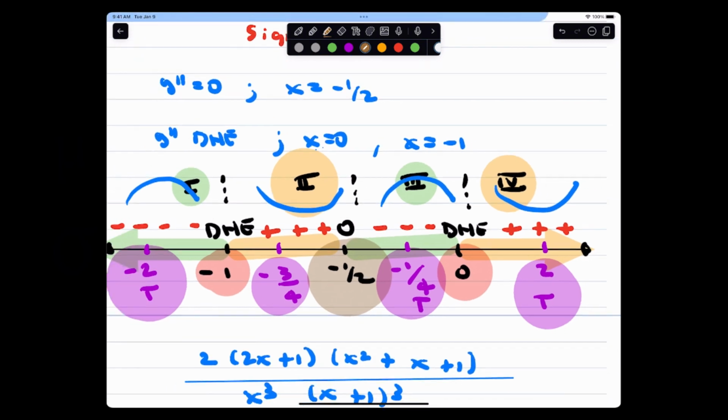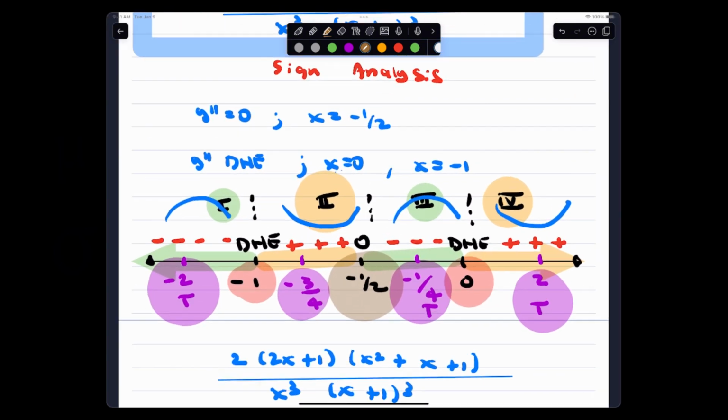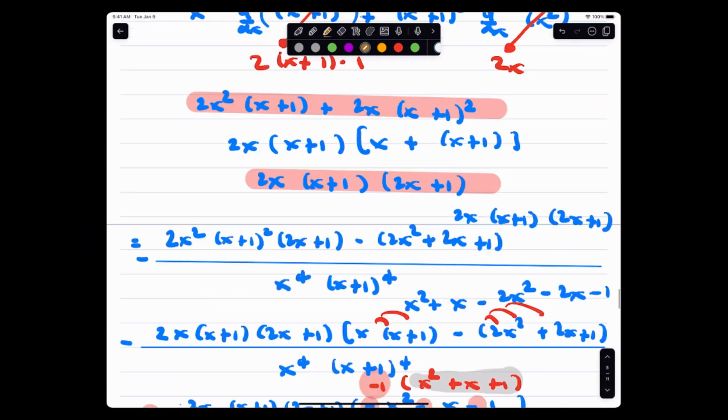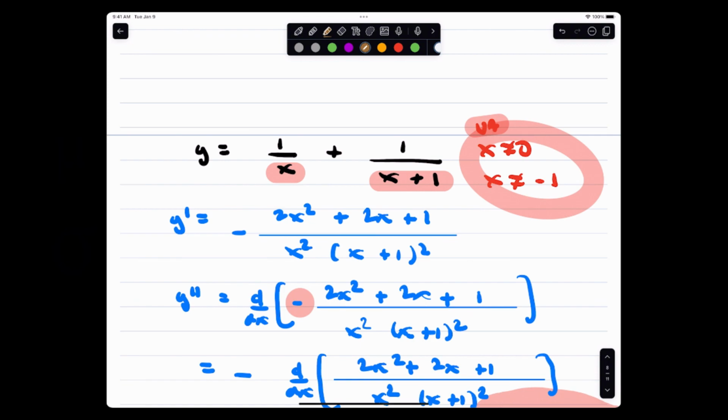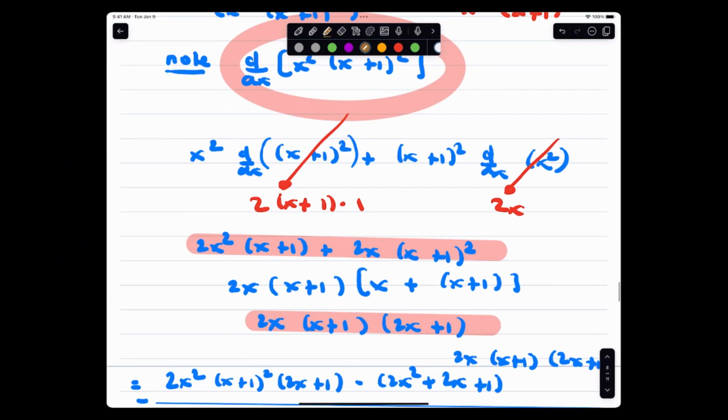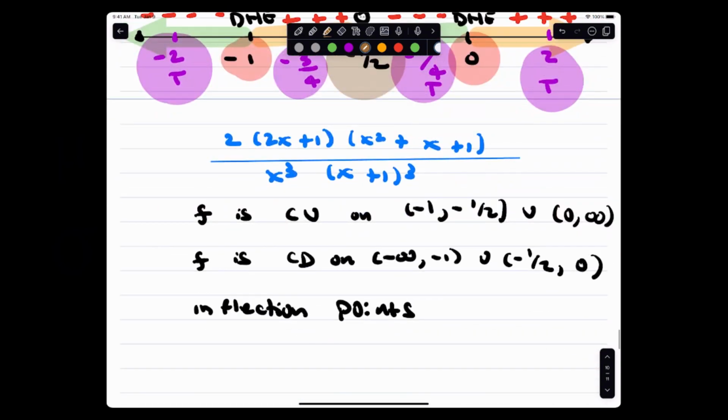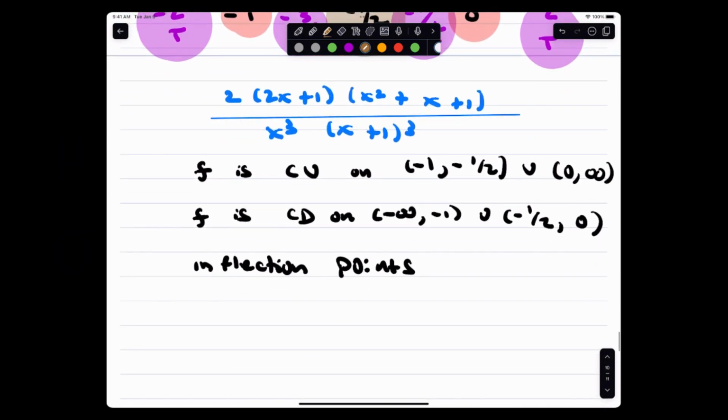The second derivative is 0, but the point I want to make is your vertical asymptotes are only at 0 and -1. -1/2 is a point on the curve. It's in the domain. So the only inflection point you have will be at that location, where x is -1/2 and y is f of -1/2.